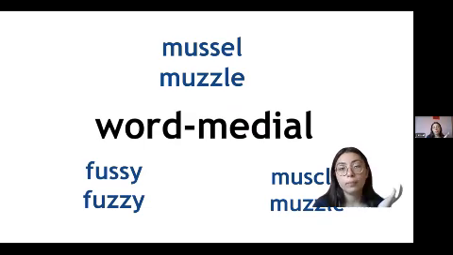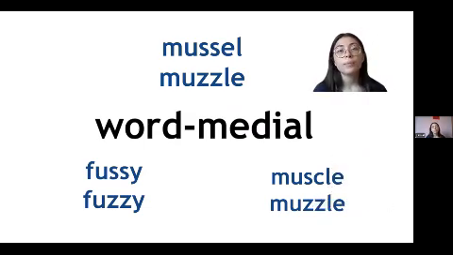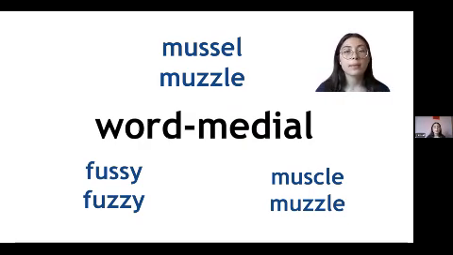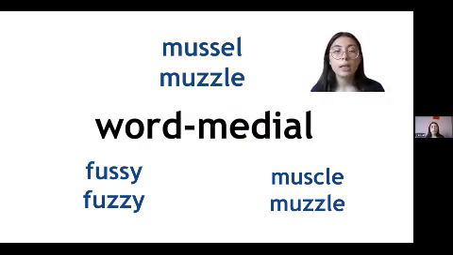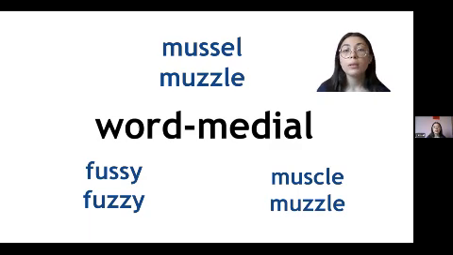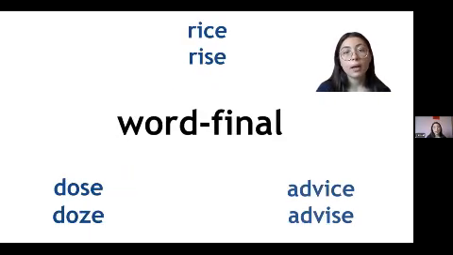And they were in the beginning of the word. Now we'll look at the middle of the word, medial. Muscle, muzzle. Now we're going to look at the ending of the word, rice, rise, advice, advise.